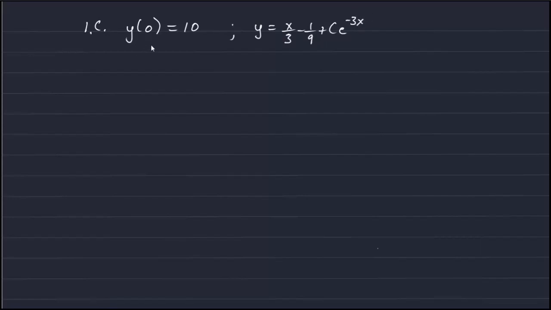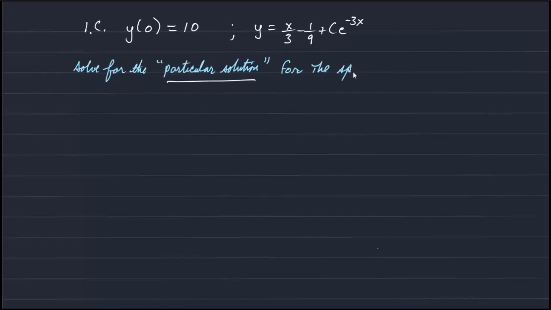Since we have a specified initial condition, we can find the particular solution in which we can define c. This is the particular solution for the specified initial condition.